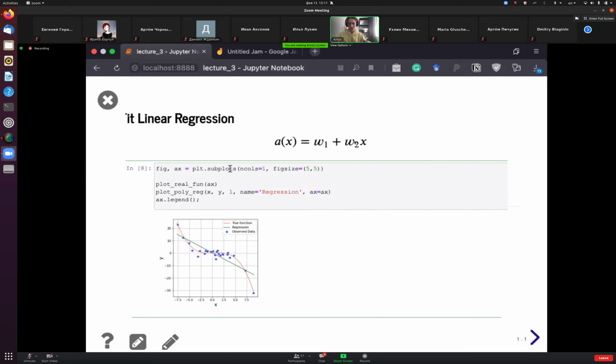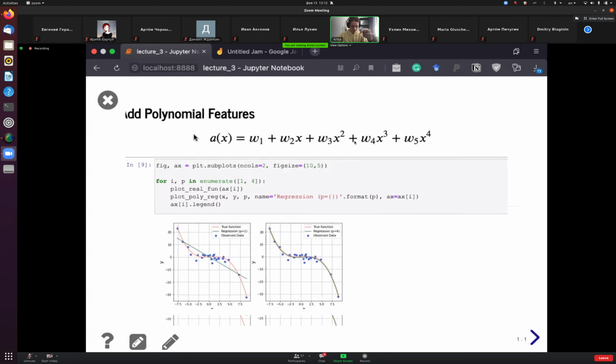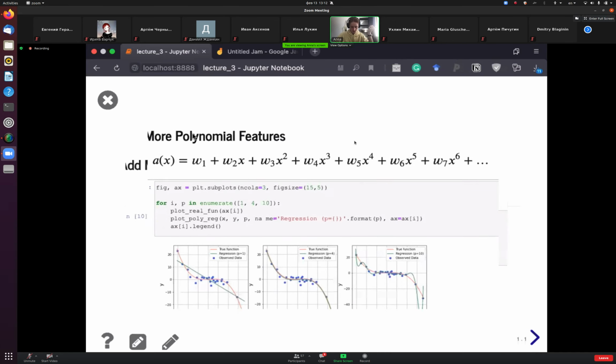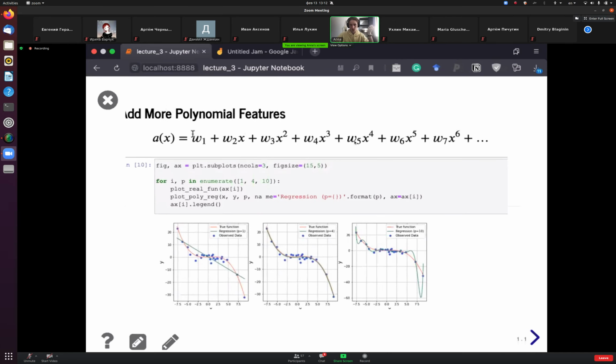Got it, sorry. So yeah, we had the linear regression with one feature. Then when we add features x squared, x cubed, and x to the power 4, we get this line. And finally, we add even more features, and the line starts looking like this. It has this weird behavior, especially in the places where you don't have a lot of points.